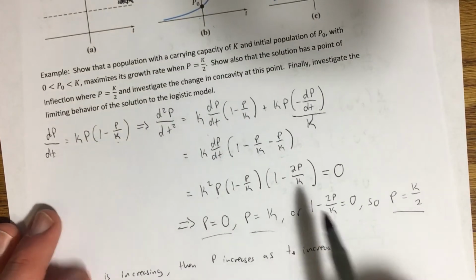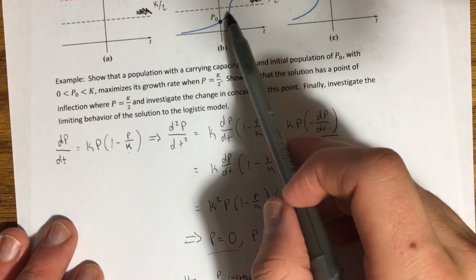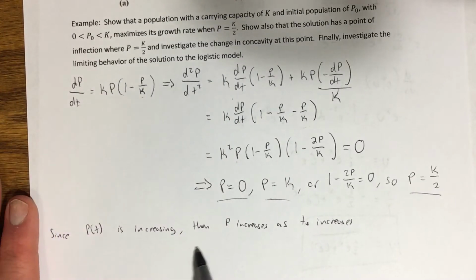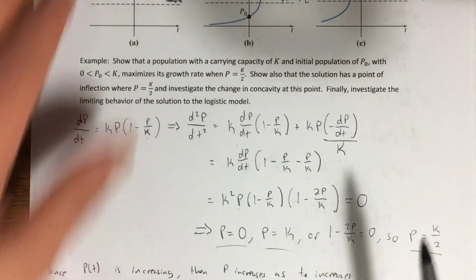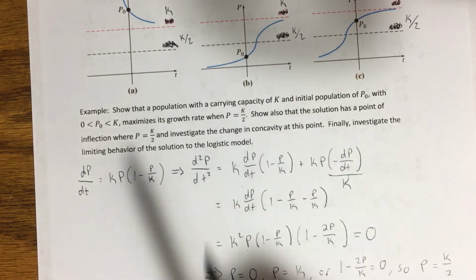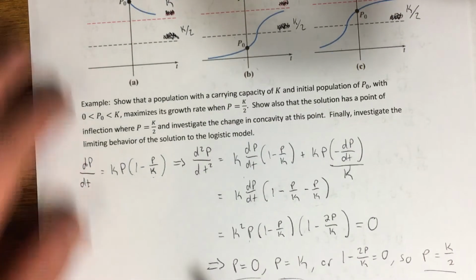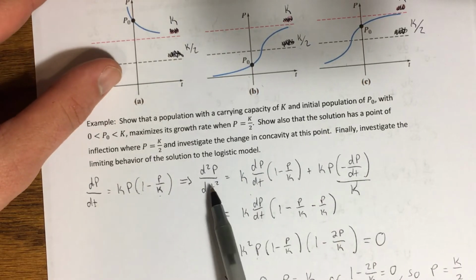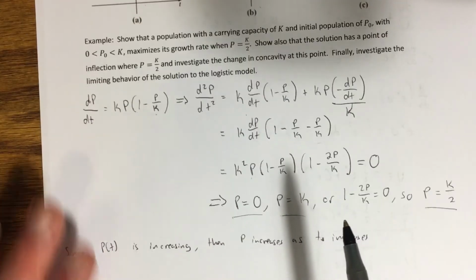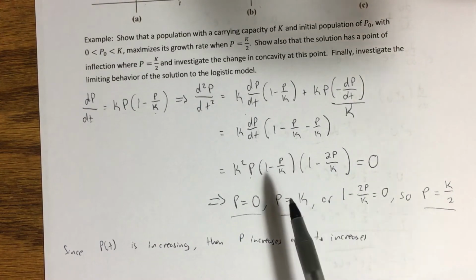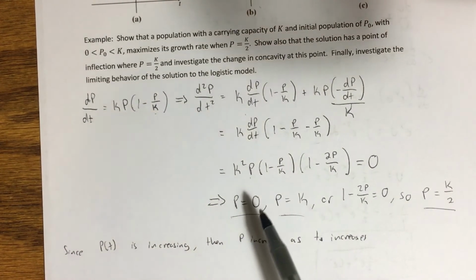So if t is less than that, then by this assumption down here, this fact that p is an increasing function, we know that p would also be less than k over 2 in that case. So I want to investigate the concavity of this function. Now here, my second derivative, after simplifying, it came out to this. And I want to consider what would happen if p is less than k over 2.